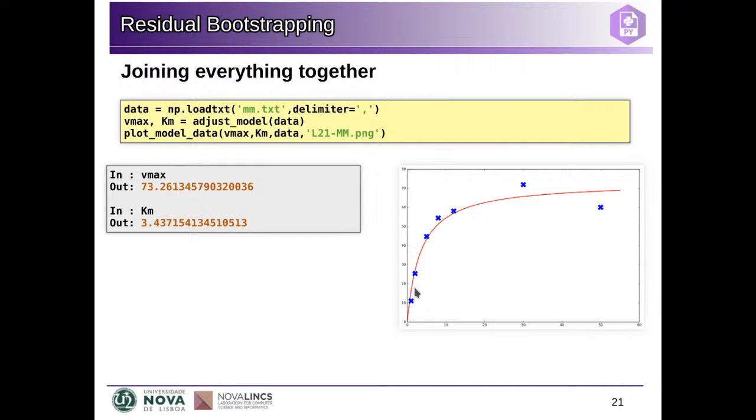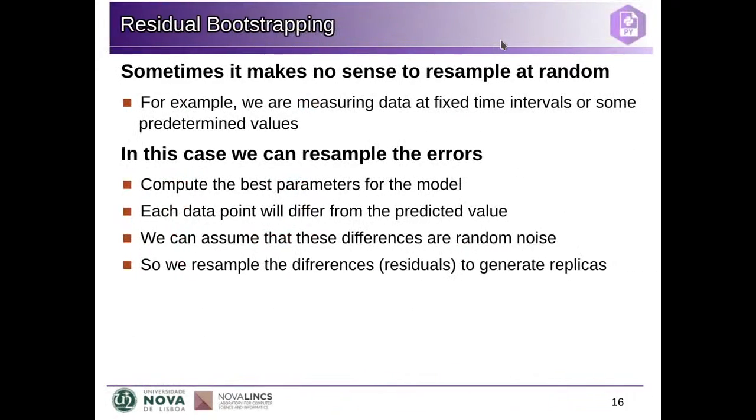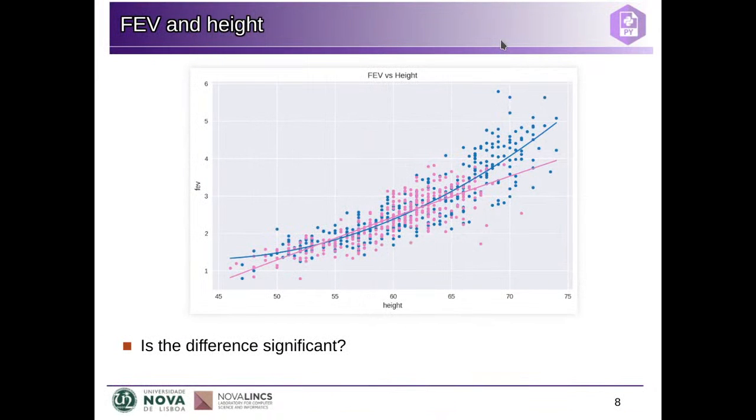For example, we have our data here where we have the concentrations of the substrate and we measure the initial velocity in each case. So in this kind of experiment, it doesn't make sense to draw a sample at random from our data because we chose the values of the initial concentrations. Note that in this other example, we were not choosing the height and the lung capacity of the subjects.